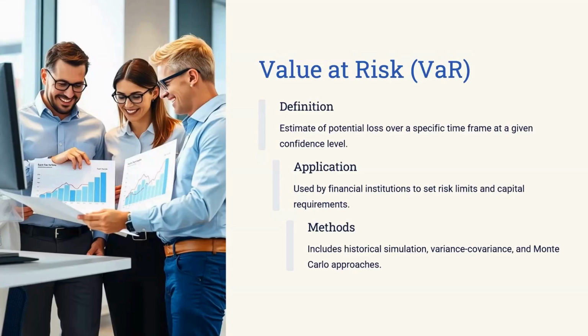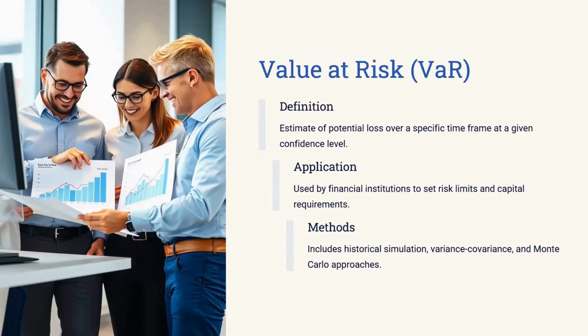For a definition, it estimates potential loss over a specific time frame at a given confidence level. Second is the application. Financial institutions use VaR to set risk limits and determine capital requirements. And the third one is the methods, which include historical simulation, variance-covariance, and Monte Carlo approaches.